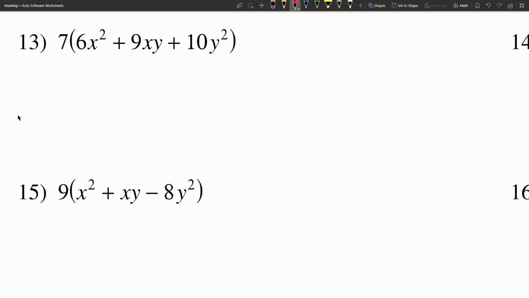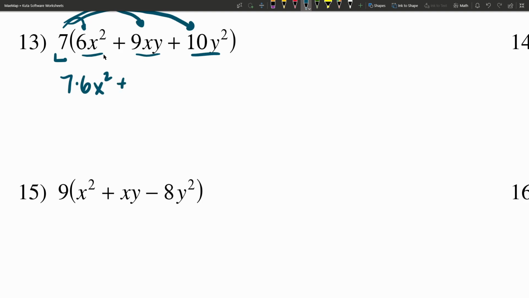Moving along to number 13, again, our monomial out in front is just a simple constant, and we're going to be distributing that through to each of those 3 terms within our polynomial, and for this problem, we have addition in between all of those terms. So we're going to take 7 and multiply it by 6x squared.